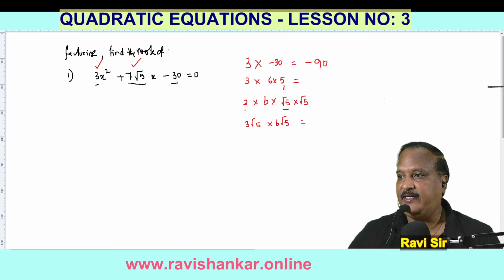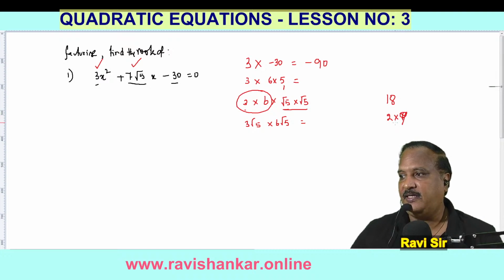So ultimately you have to find 18, and root 5 we will attach. 2 into 9 is 18, so 9 minus 2 is 7. So we can write here 9 root 5 into 2 root 5.